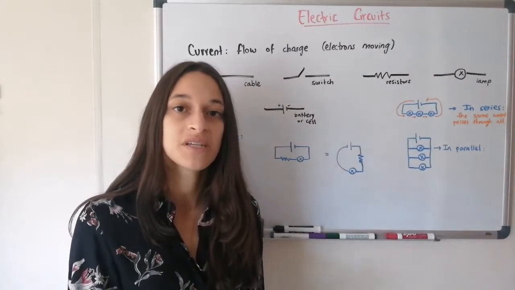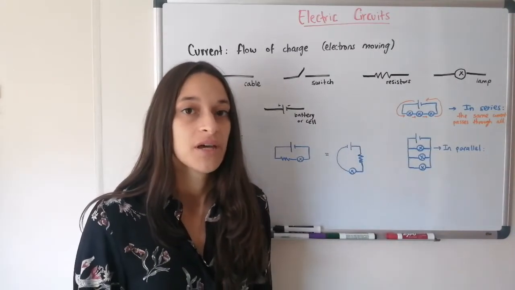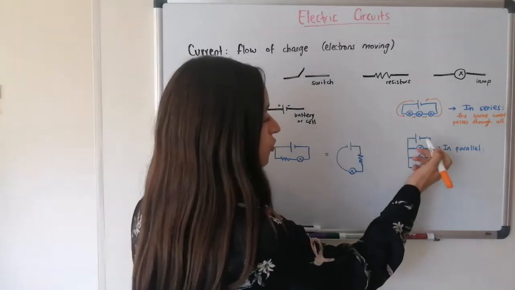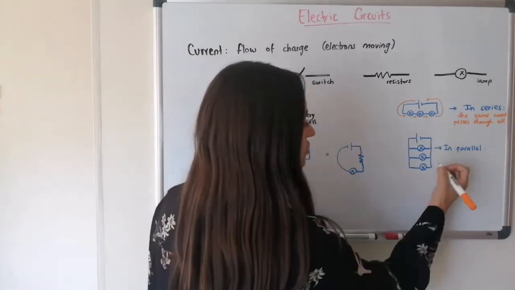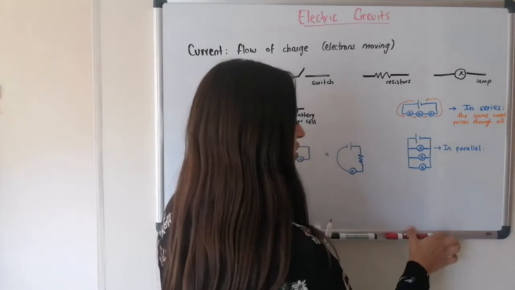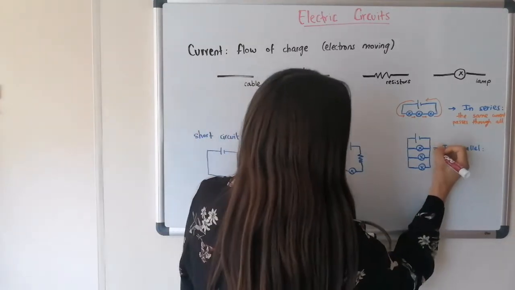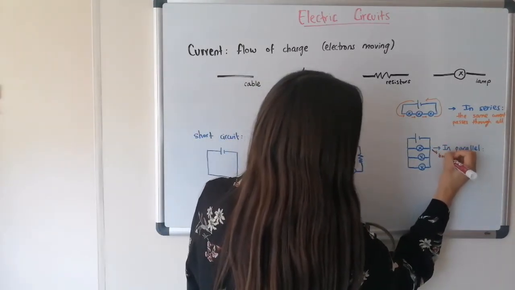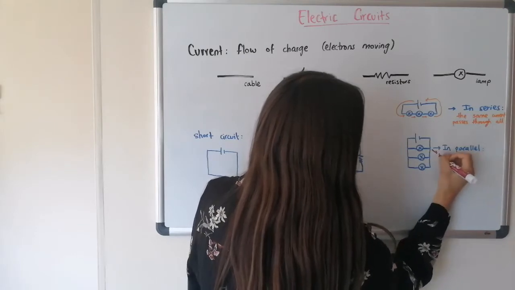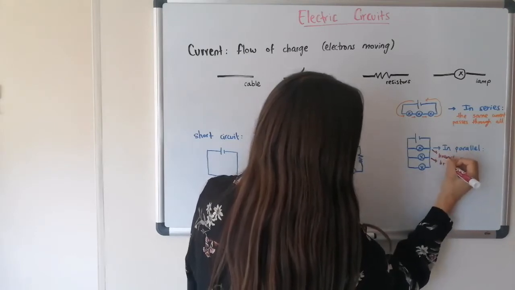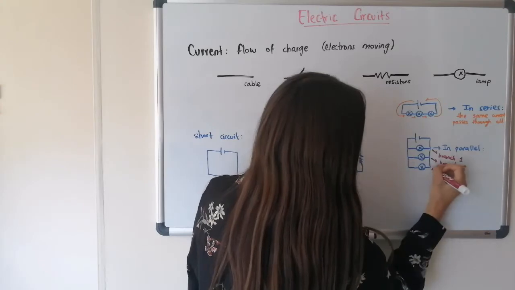It has 3 lamps and 1 cell or 1 battery. But the current here can decide which branch it takes. So each of these things is called a branch. Here we have, for example, branch 1. This would be the second branch. And this would be the third.